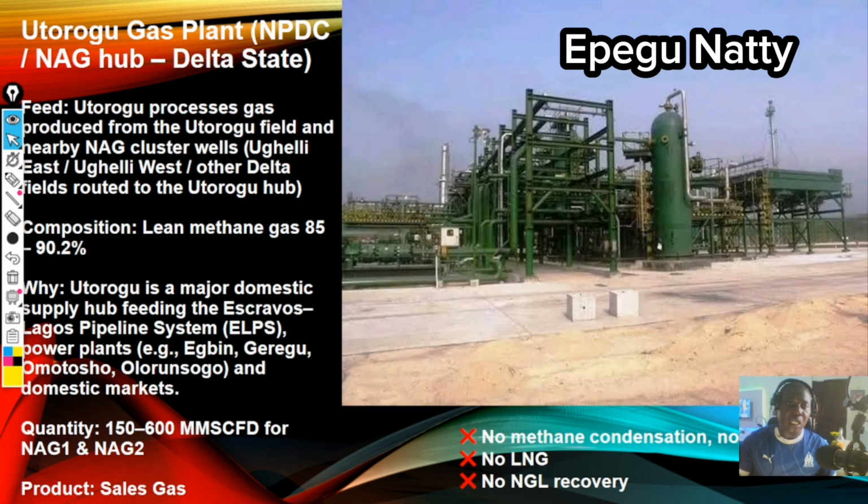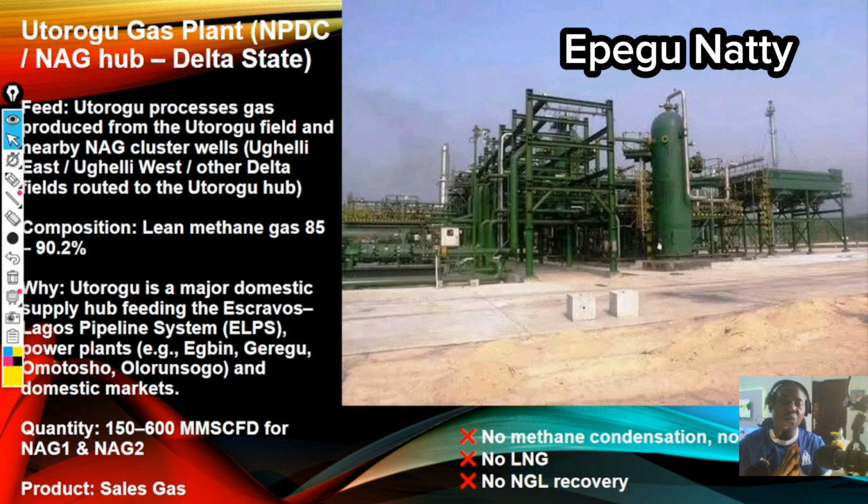The feed for this gas plant is from the Uturugu gas fields, nearby energy clusters, cluster west around Ugeli East, Ugeli West, and other fields routed to the Uturugu hub.